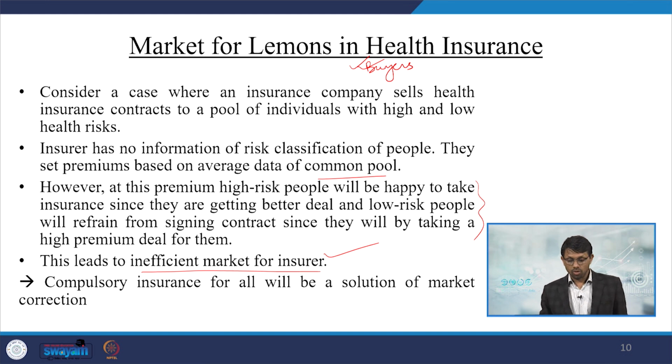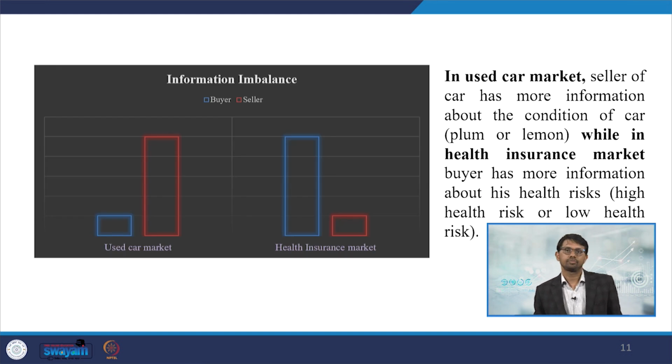Compulsory insurance for all will be a solution for market correction, but it is a very costly affair as well, and if public policy is active enough, then that way it will work. Here information imbalance occurs, as I already said. In the used car market, the sellers have the information about the quality of the product, whereas in the insurance market, you will see the buyers usually know the situation.